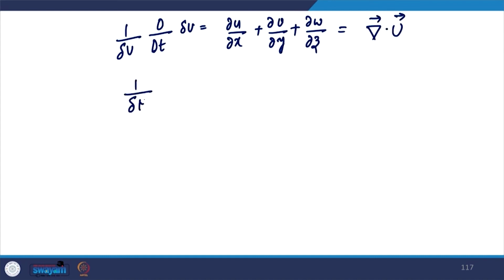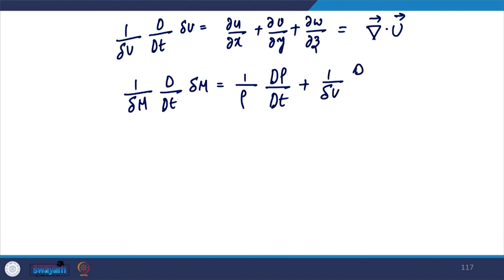Now, bringing back 1 by delta m d by dt of delta m is 1 by rho d rho by dt, substituting everything, plus 1 by delta v d by dt of delta v is equal to 0.